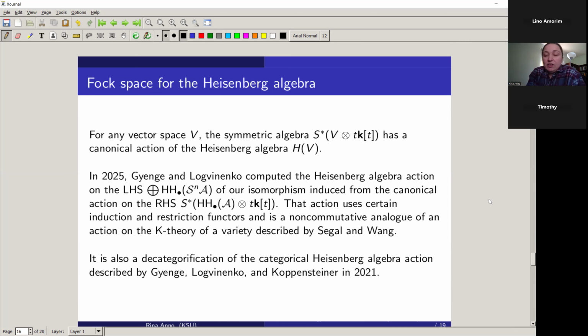Its decategorification is what we get on this total Hochschild homology of S and A, and it corresponds to the classical Heisenberg algebra action on the symmetric algebra on the right.